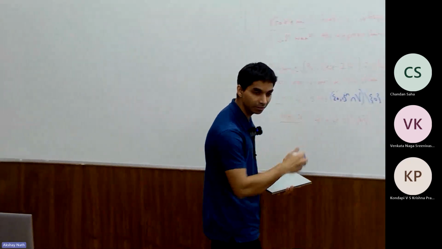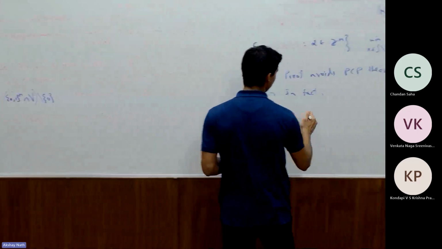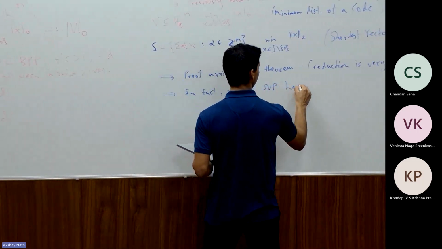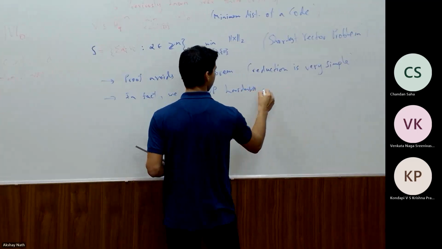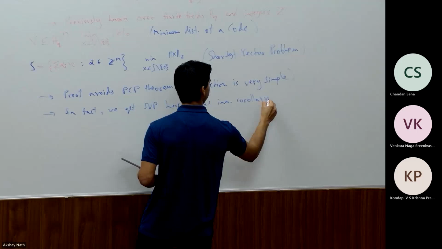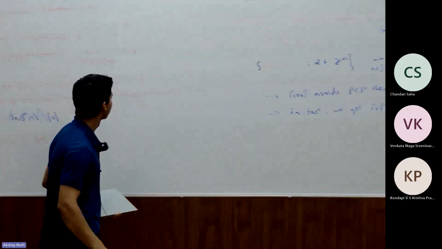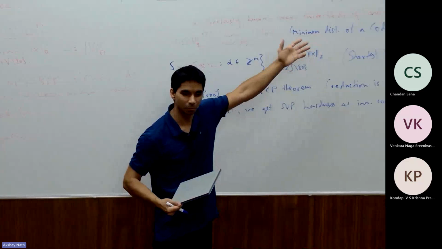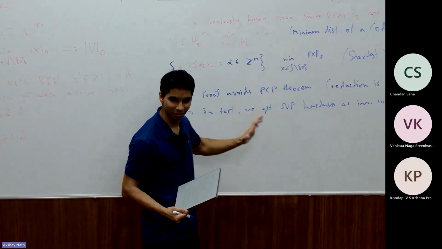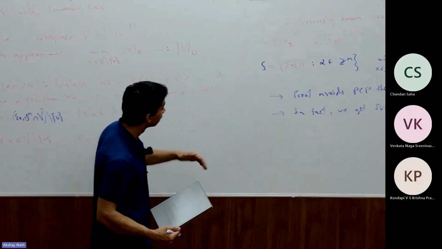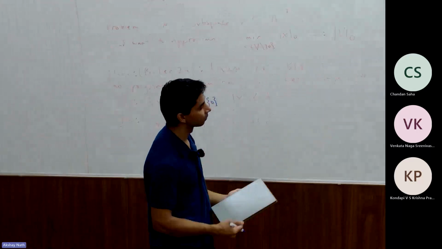And because of this, we get SVP hardness as an immediate corollary. When you have a 0, 1 vector, the L2 norm, the L0 norm, the LP norm are all equal. It takes a minute to observe why this is the case, but as an immediate corollary, we recover hardness of the shortest vector problem.